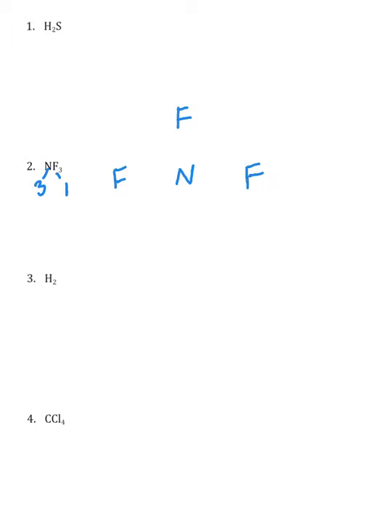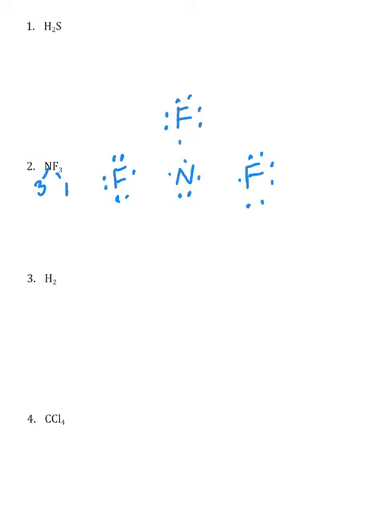Now, valence electrons: each fluorine has 7, so I'll put those in. And nitrogen has 5, so 1, 2, 3, 4, 5.